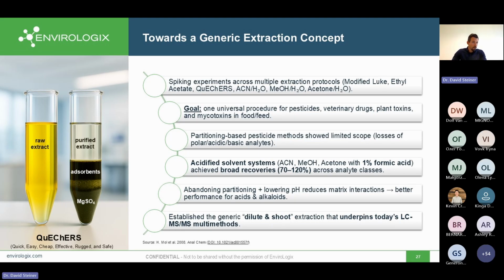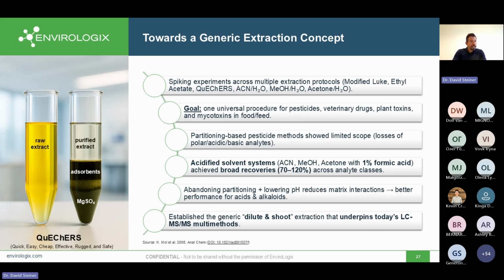Hans Mol systematically tested multiple extraction protocols across pesticides, veterinary drugs, plant toxins, and also mycotoxins, and he figured out that partitioning methods like QuEChERS often lost polar but also acidic or basic compounds, whereas acidified solvents like acetonitrile, methanol, or acetone with a low proportion of formic acid achieved the best results in terms of recovery.